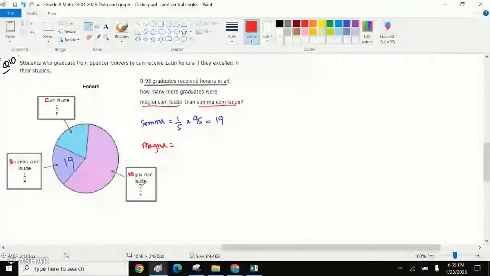Magna was 3/5 of the total, right? That was 95. That should be 50 something. Sorry, 3 into 95 divided by 5, that is 57. Right? So these were 57.